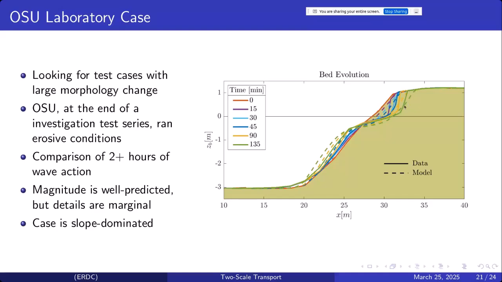Here at the top we should have something more like 3 meters, and I'm predicting 4. And also the model is predicting the transport of sand directly offshore here, whereas the laboratory results have it spread out over a greater distance offshore. So again, I think the magnitude is reasonably well predicted, but the details are pretty marginal.